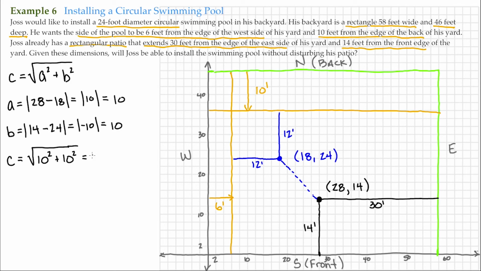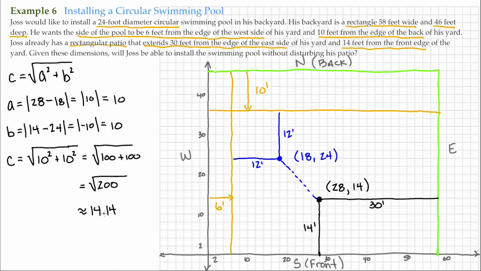So this is equal to the square root of 10 squared, which is 100, plus 100. This is equal to the square root of 200. Using your calculator, you can determine the square root of 200. And the square root of 200 is approximately 14.14.